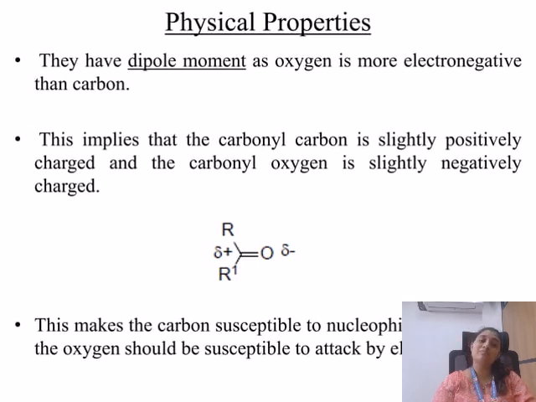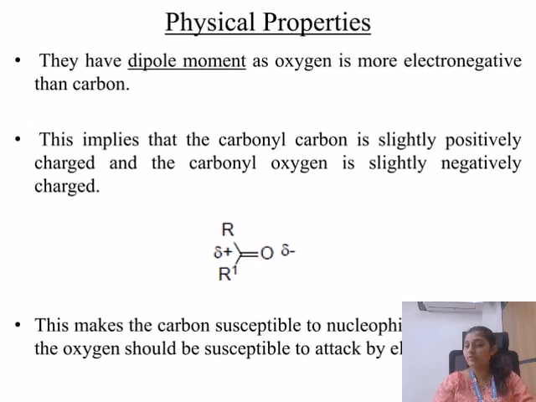Here we can mention delta minus for representing the partial negative charge of oxygen. And what about the carbon? That electron is attracted towards the oxygen, so obviously carbon will not get the electron, so that's why it contains the positive charge. So we can represent C plus, or delta plus, C containing the positive charge and O containing the negative charge.